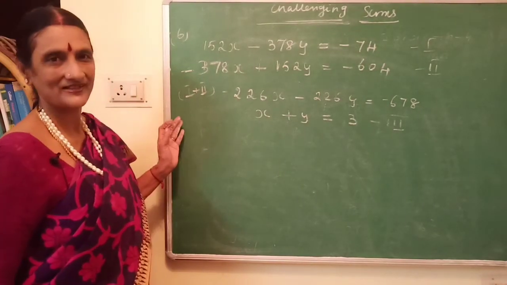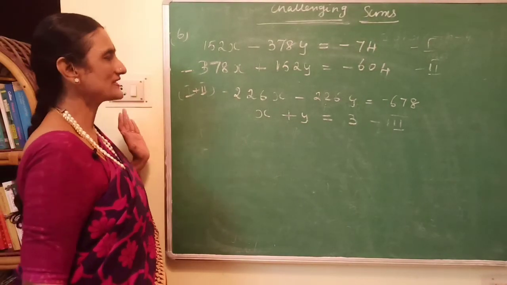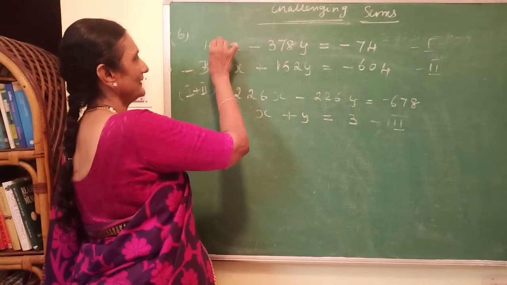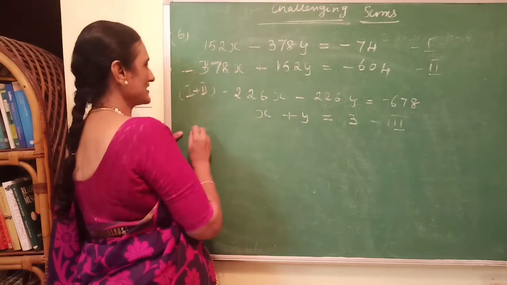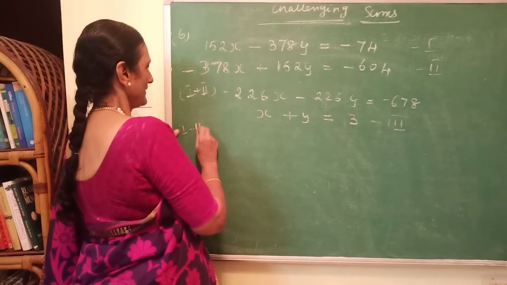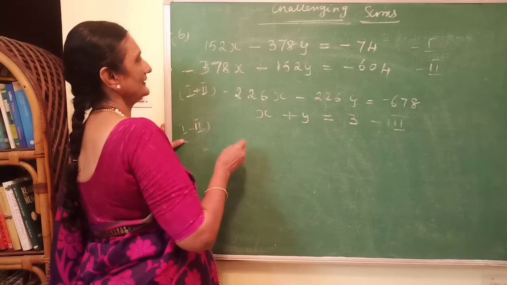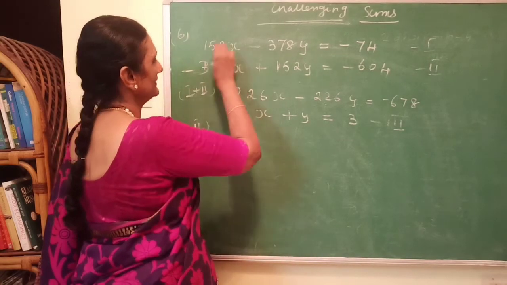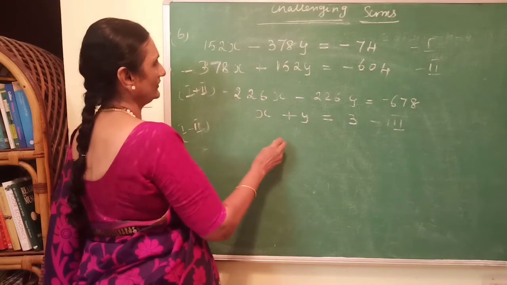Now next, subtracting. How to subtract? From this, you subtract this, you do anything. From here I will subtract. 1 minus 2 I will put. So in that case this becomes positive. So if you subtract, change the sign and add, no?